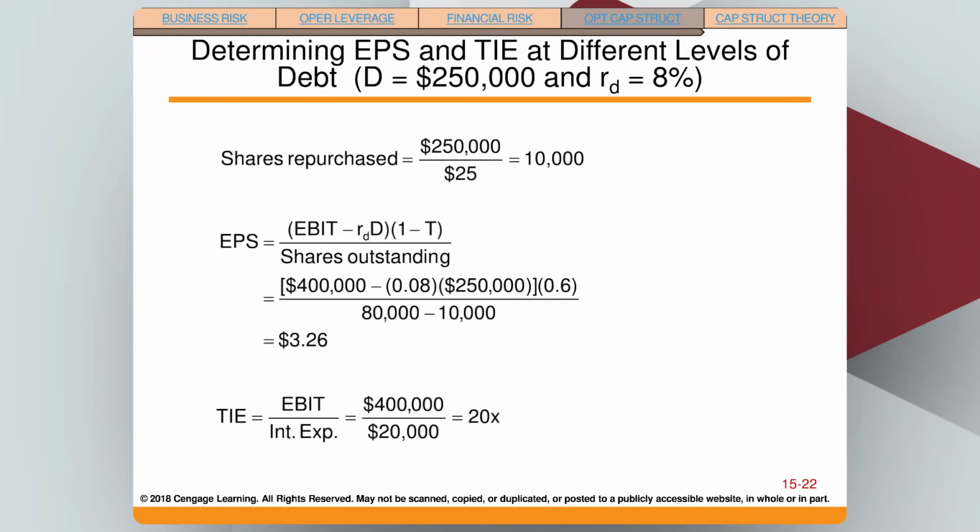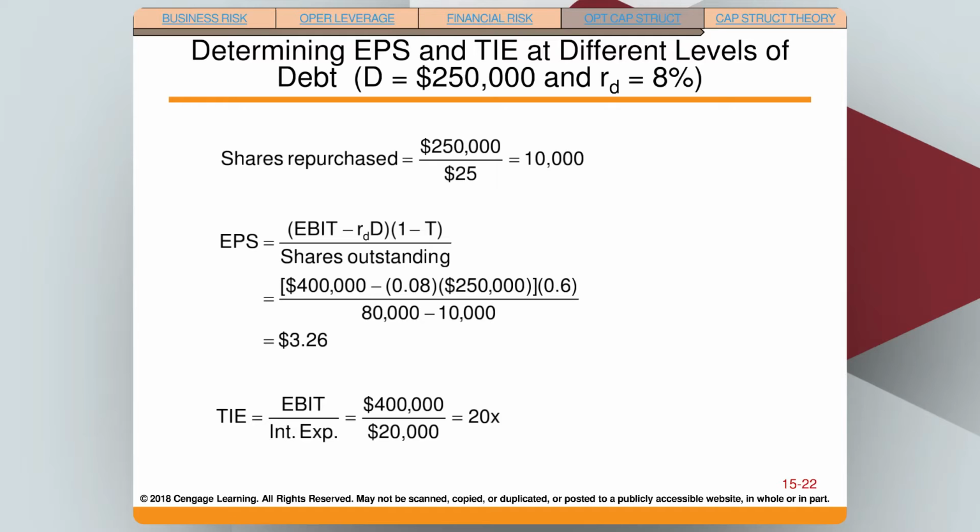Determine the EPS and TIE at a different level of debt. Let's say debt is 250 and the RD is 8%. So, shares repurchased, meaning na-repurchase mo yung 10,000 shares. Meaning, treasury shares, diba? EBIT, same pa din.